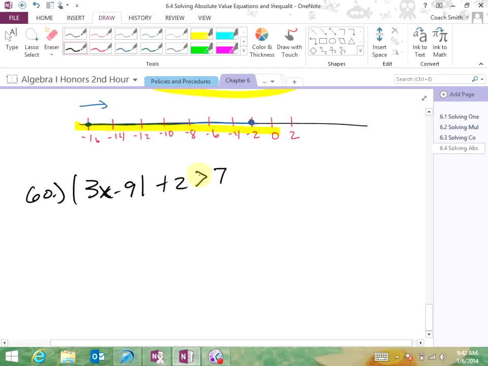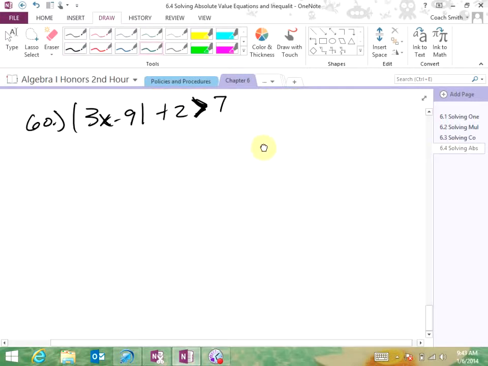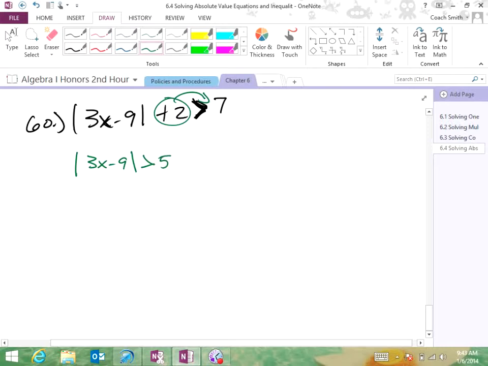Wow. My greater than, less than signs are not doing real well today. All right. So, first things first, I've got to take this over to the other side. So that gives me the absolute value of 3x minus 9 is greater than 5.